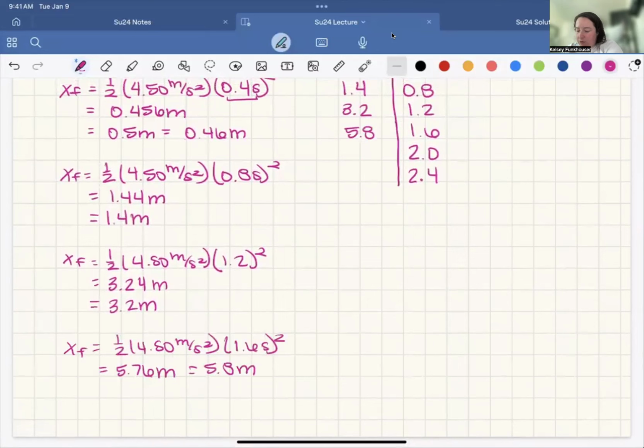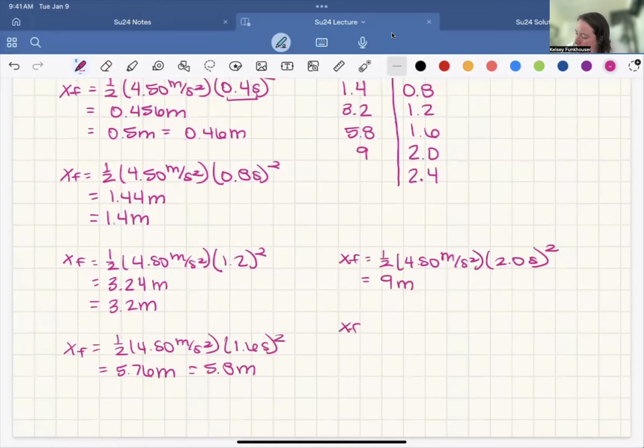And then 2 more left. So x final equals 1/2, 4.50 meters per second squared times 2.0 seconds squared. This one is, wait a second. Oh, I see. 9 meters.